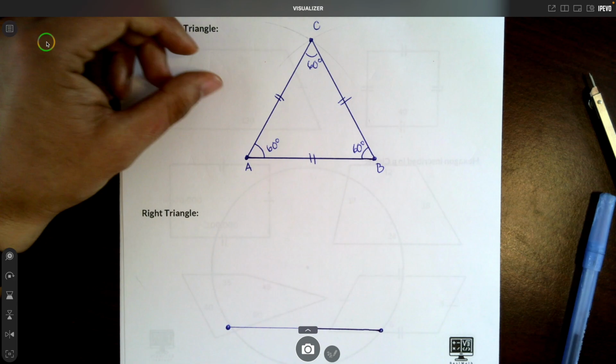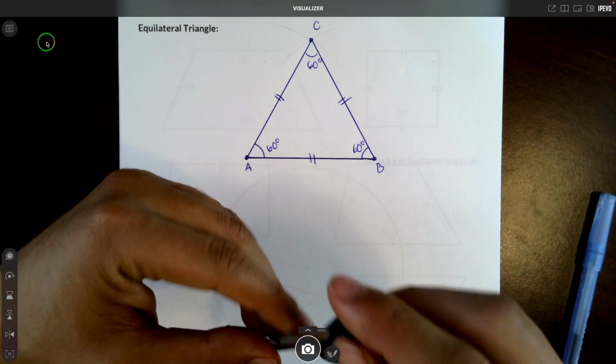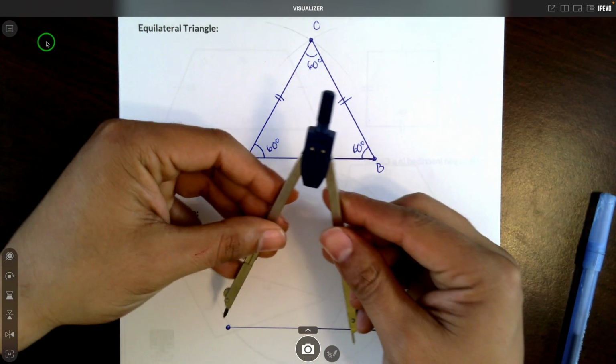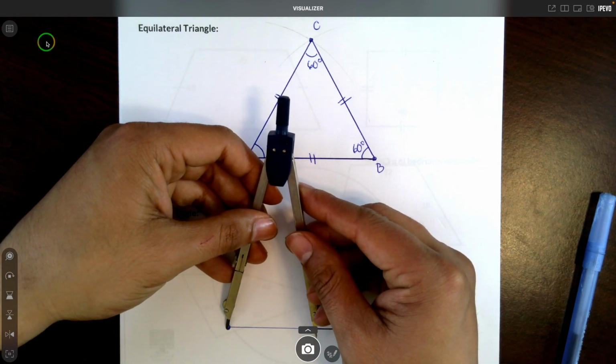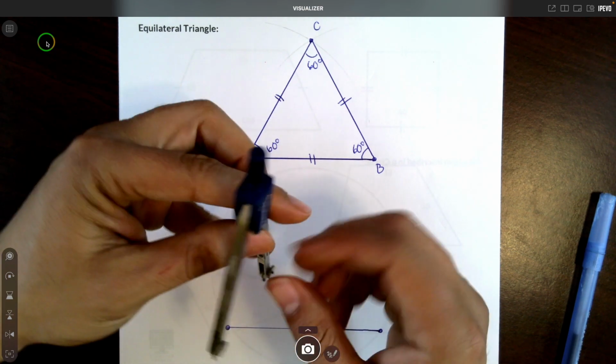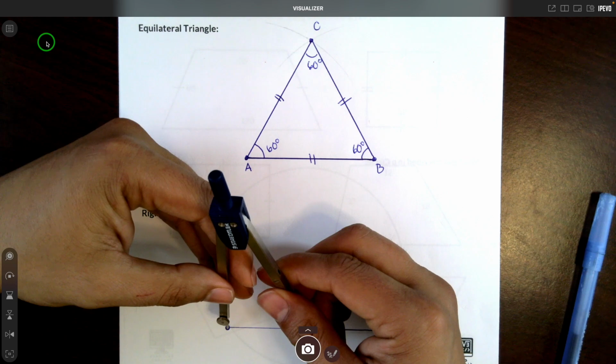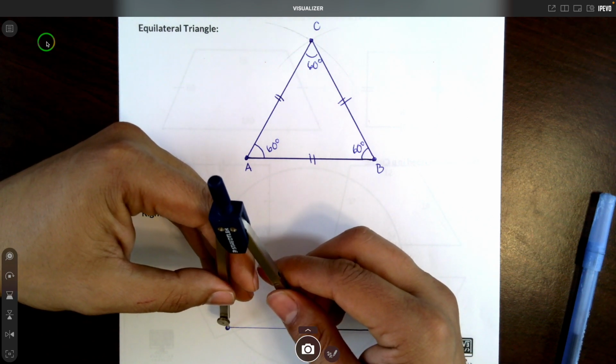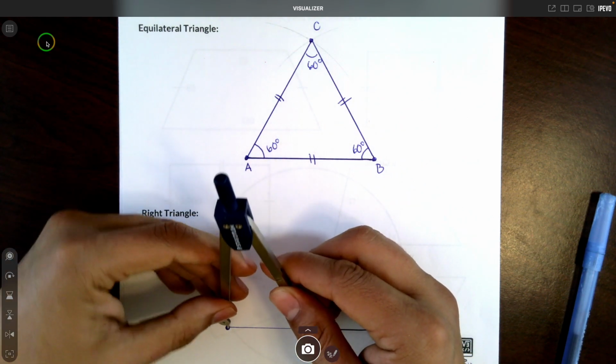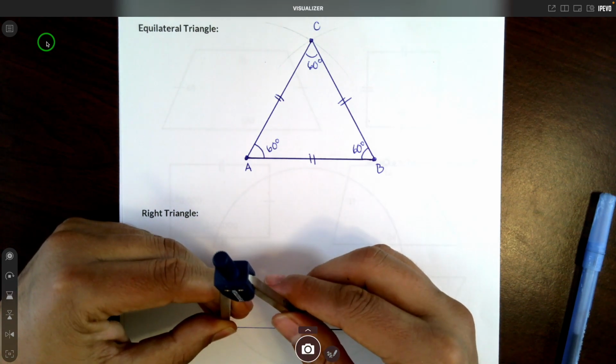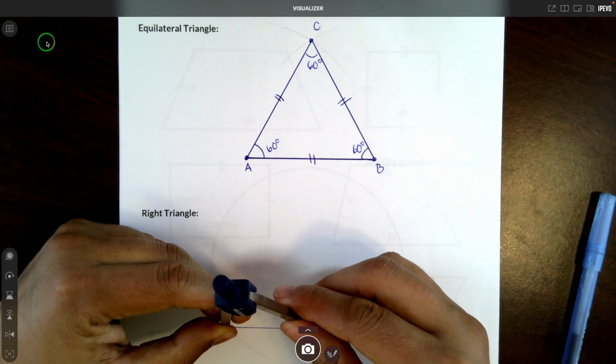I want to open up my compass bigger than halfway. I'm going to just make sure it's a little bit bigger than half.